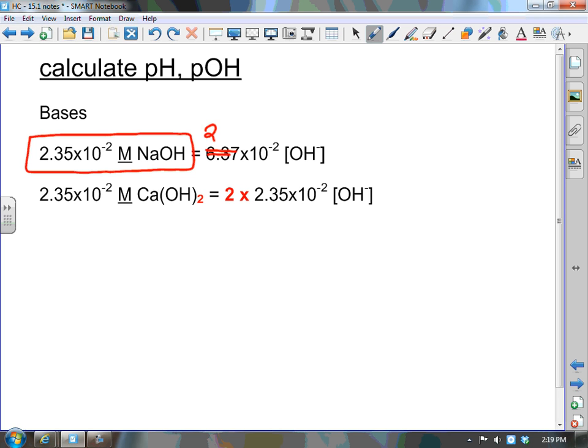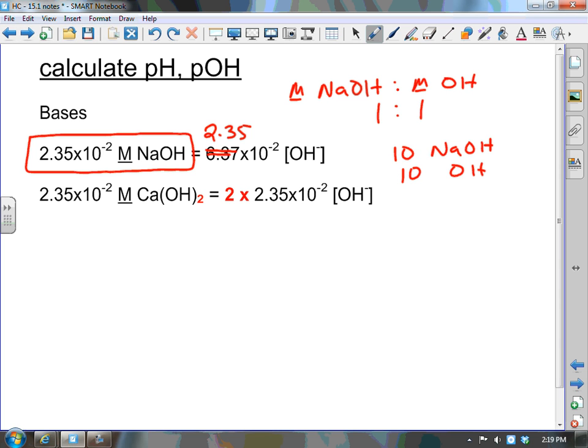Oops, and that's a typo there. 2.35 times 10 to the minus 2. It's a 1-to-1 relationship. The molarity of NaOH compared to the molarity of hydroxide is 1-to-1. That's just like saying if I have 10 NaOHs, I have 10 OHs available.